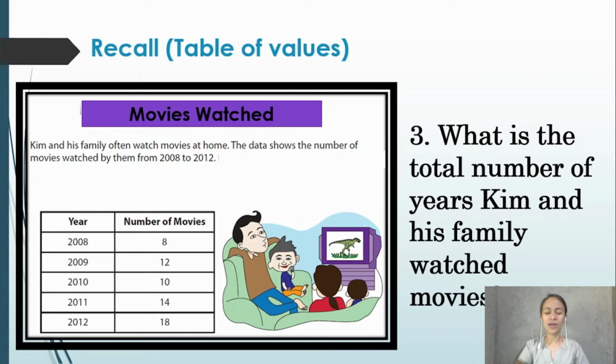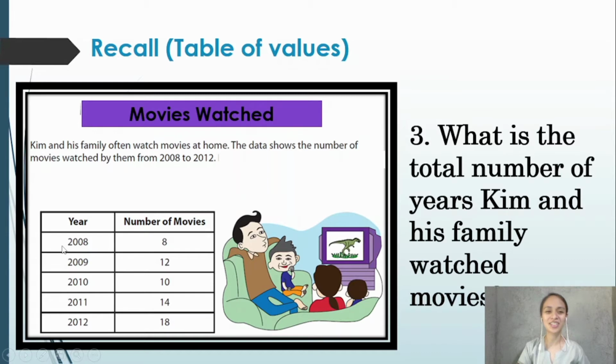Yes. But are we going to add 2008 plus 2009 plus 2010 plus 2011? No, not like that. The question is just how many years, the total number. So, how many years did they watch according to the table of values?